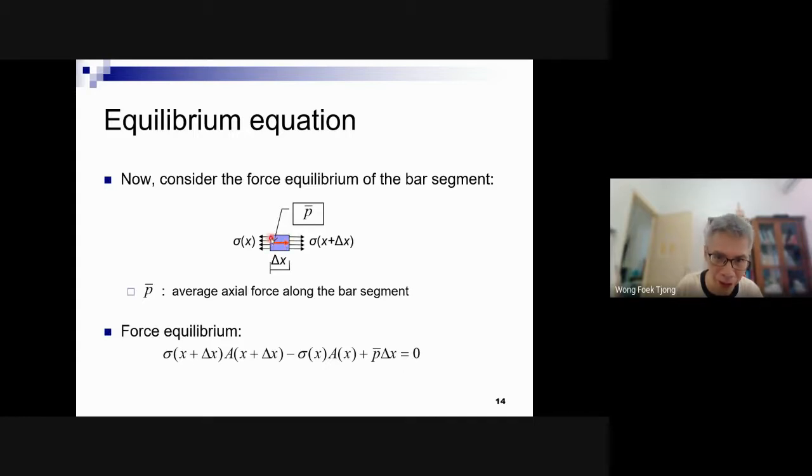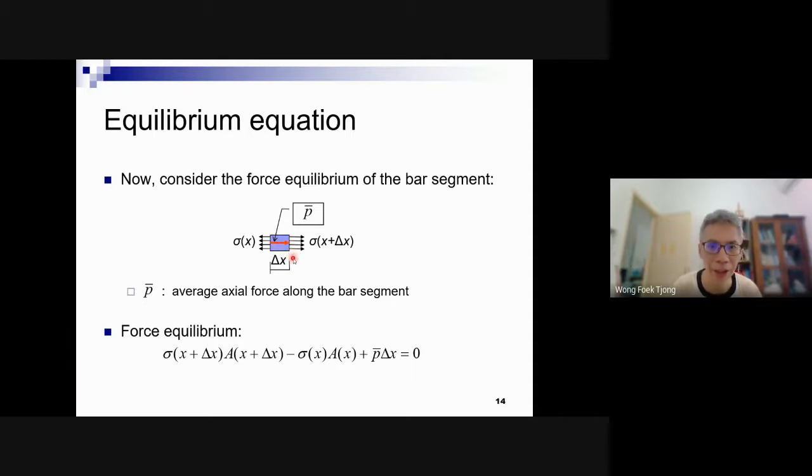Let's say the stress here is sigma x, the stress here is sigma x plus delta x, and there is an axially distributed force, the average of which is this one. So this is the average axial distributed force in this bar segment.